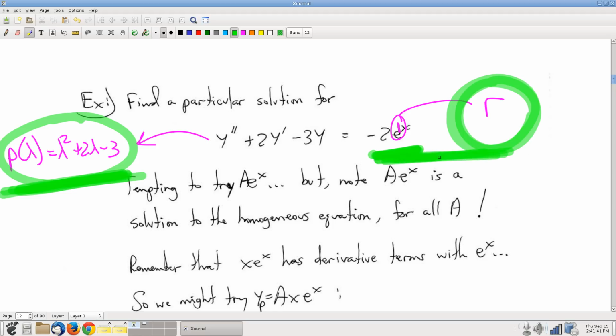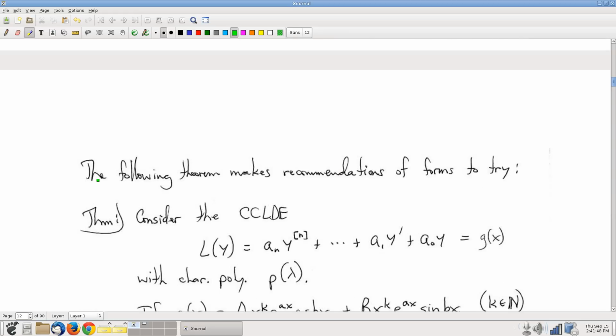When the r on the right-hand side is a root of the characteristic polynomial that comes from the left-hand side. So here we go.